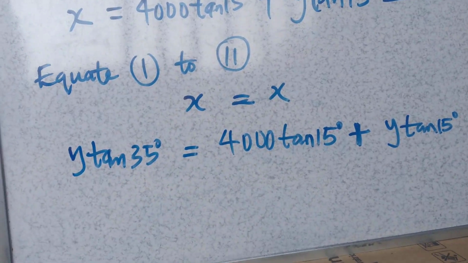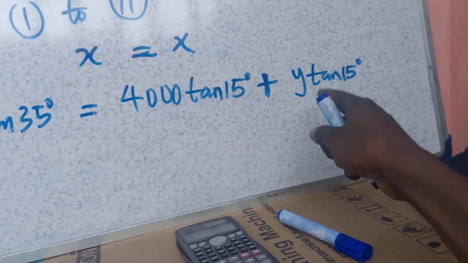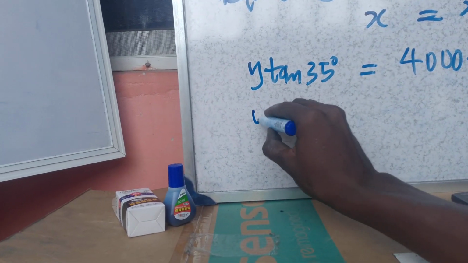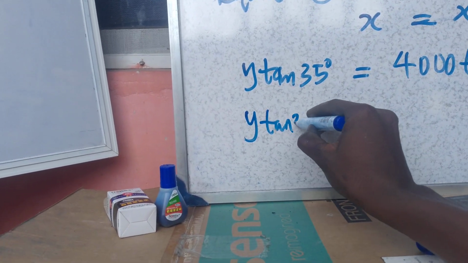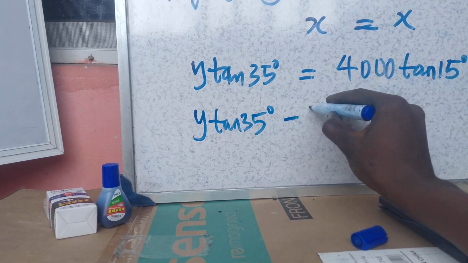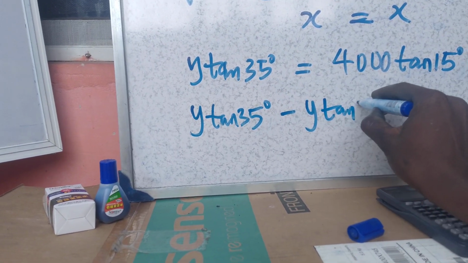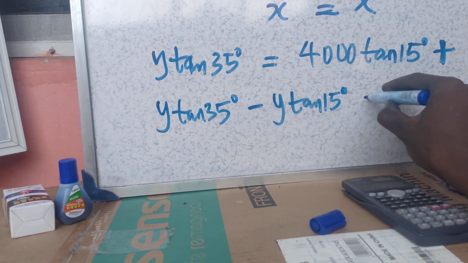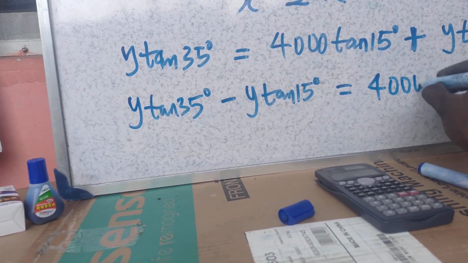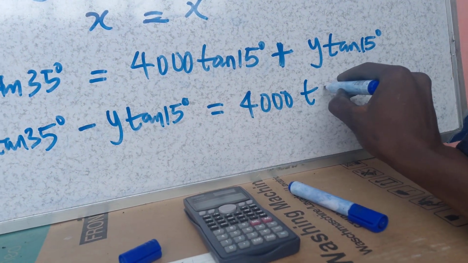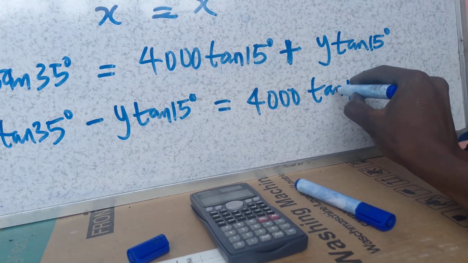So if I collect like terms now, take this one over to this place, I'll be having Y tan 35 degrees minus Y tan 15 degrees is equals to 4,000 tan 15 degrees.